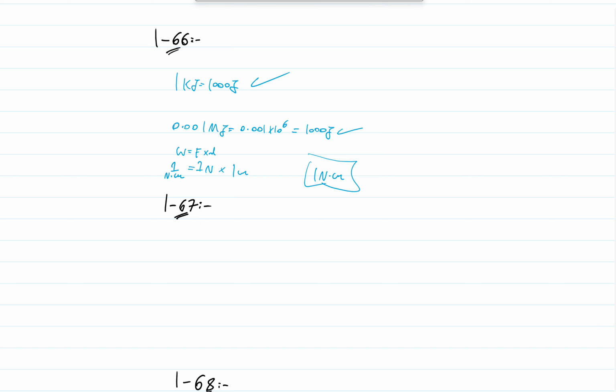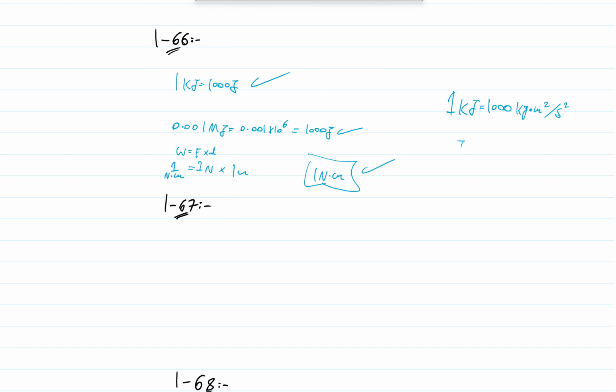Okay, so what about the other one? I know that 1 kilojoule equals 1,000 kilogram meter square over second square.